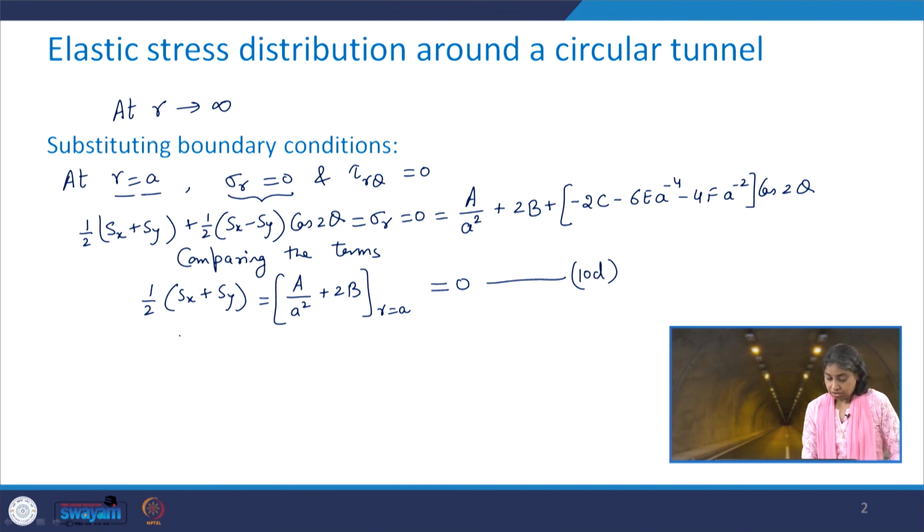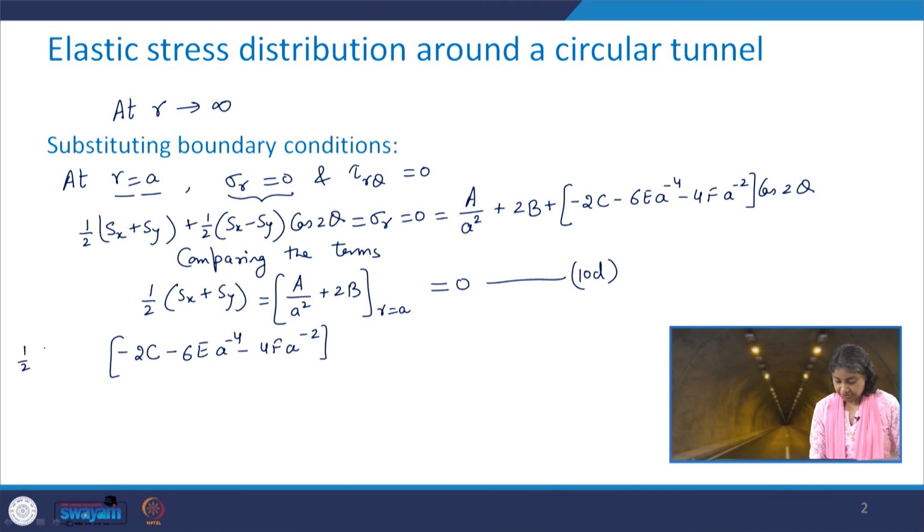Then the other term is minus 2C minus 6E a to the power minus 4 minus 4F a to the power minus 2, which is equal to half (Sx minus Sy), and this will also be equal to 0.